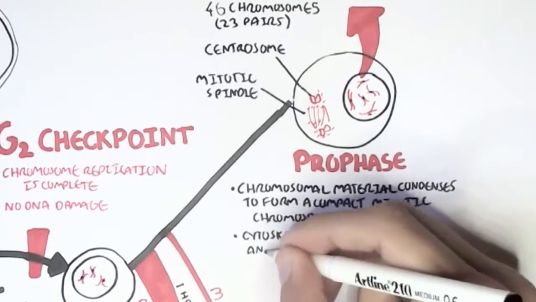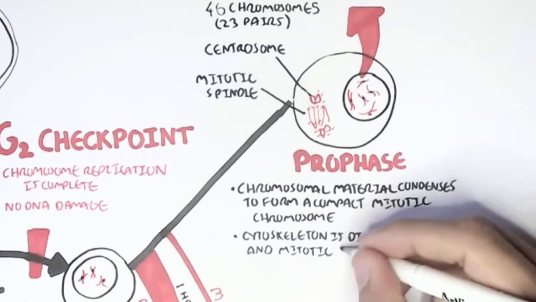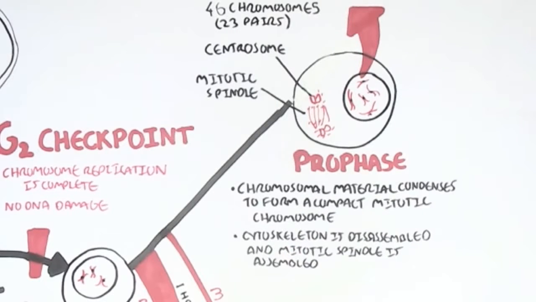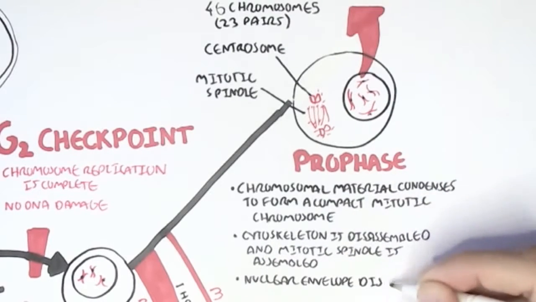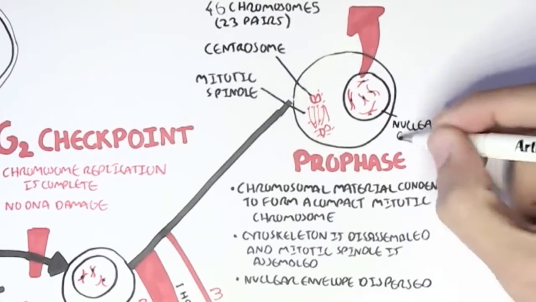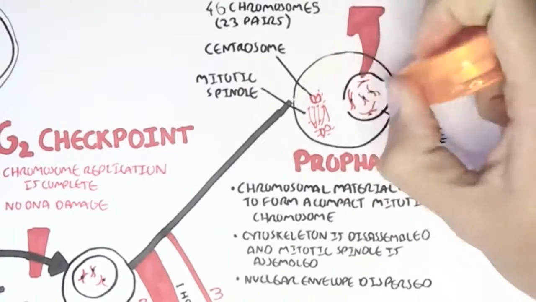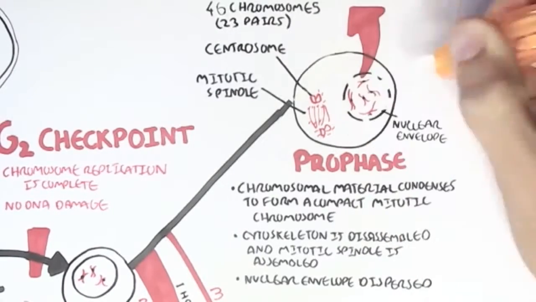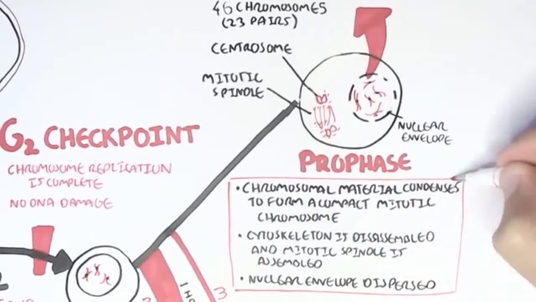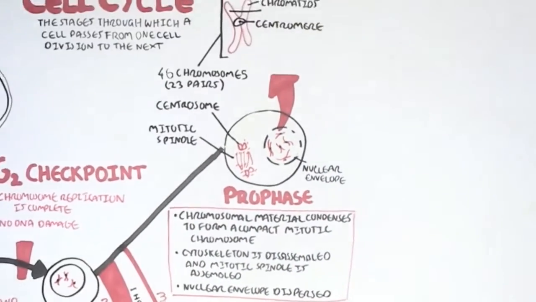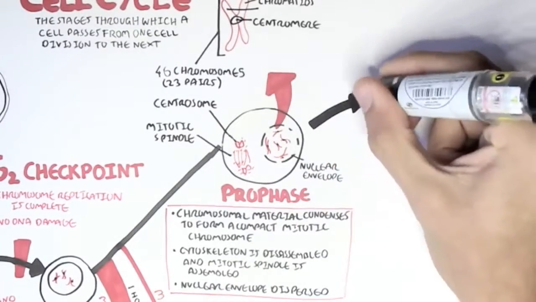The cytoskeleton is then disassembled, and the mitotic spindle is assembled. The centrosomes form the mitotic spindle. The nuclear envelope is also dispersed, so the nuclear membrane essentially starts degrading to allow these chromosomes to be free.